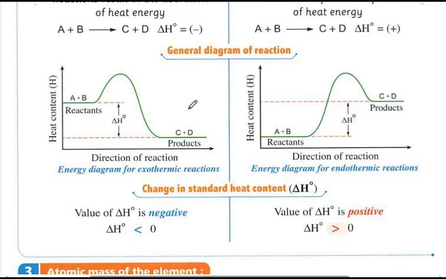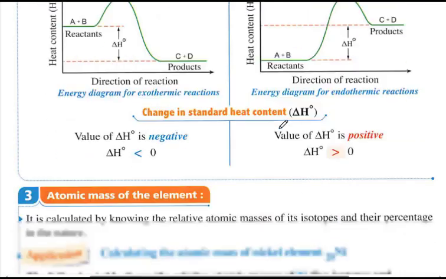So exothermic means energy decreases, with release of energy from the reactants to the products. Endothermic means the reactants accept energy and the energy of the products is higher than the energy of the reactants.